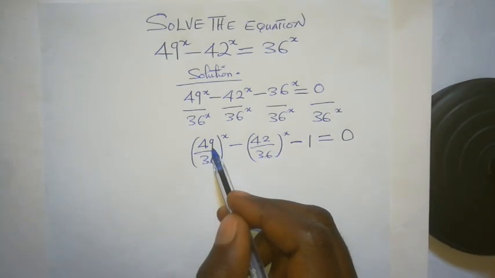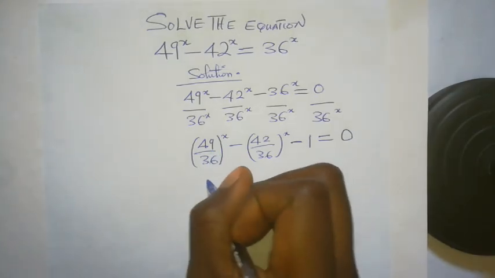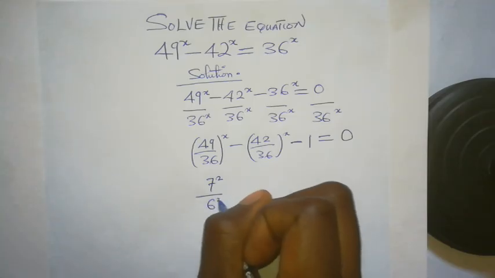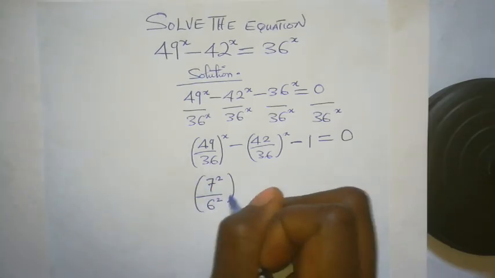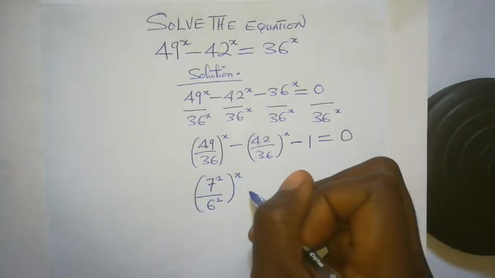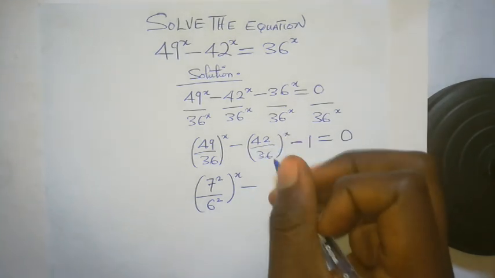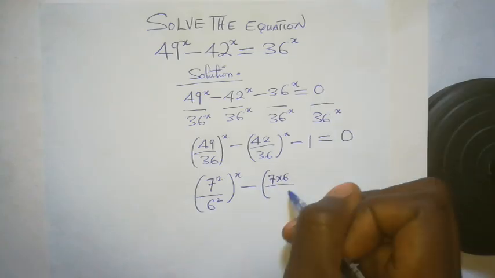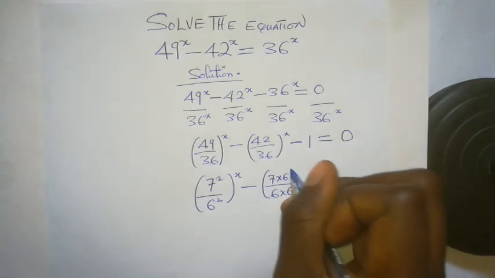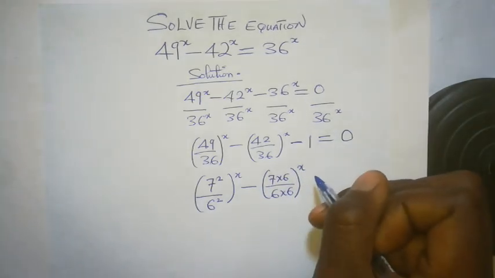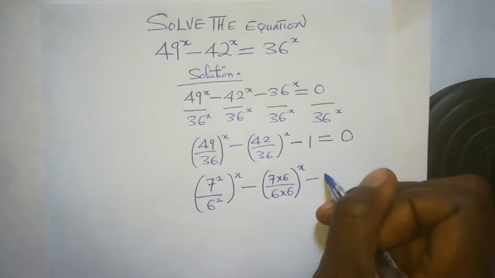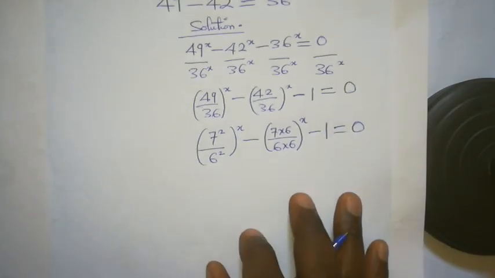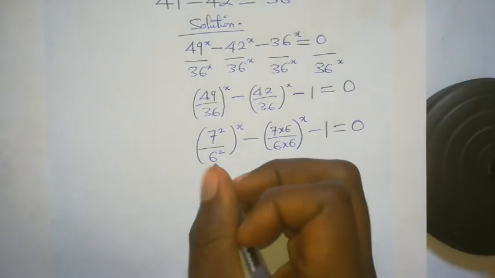49 is a perfect square, so it can be 7 to the power of 2 all over 6 to the power of 2, all to the power of x, minus 42, which can become 7 times 6 all over 6 times 6, all to the power of x, and here we have minus 1 equals 0.